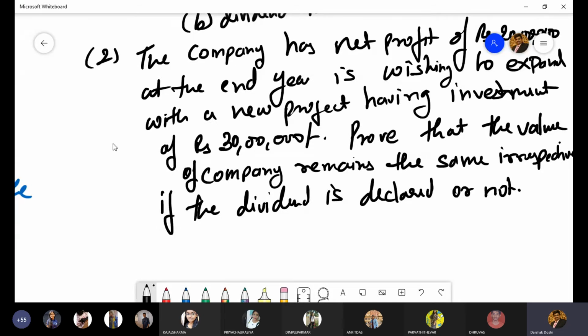Can you all complete this on your own? Check this question with the earlier question. Sir, can you show the start of the question once? Yes. Those who have written down the question can start solving.